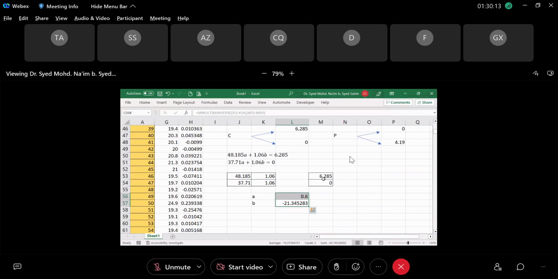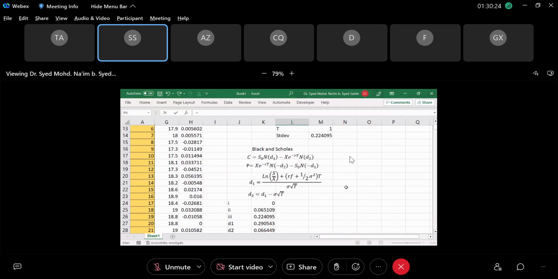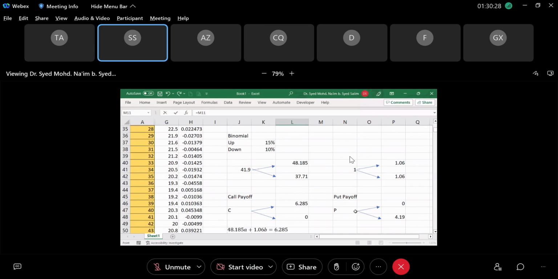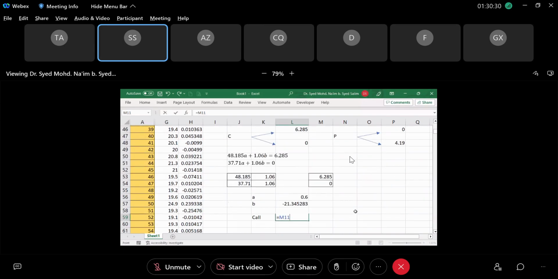Okay, so once we have got A and B, we know that the price of the call option is equal to the spot price applied with A plus B applied with 1. Don't we know that it is 1 here.